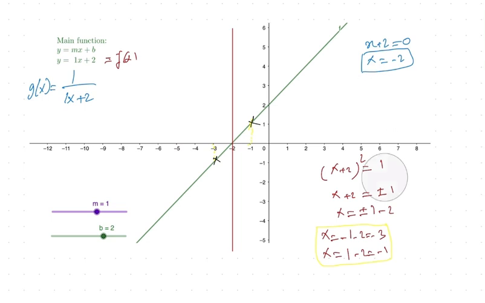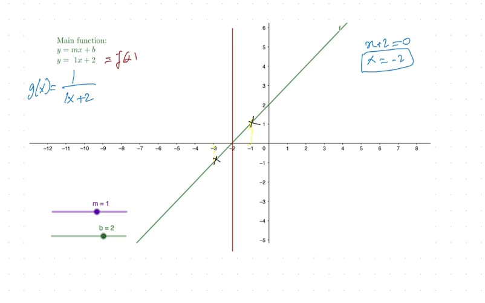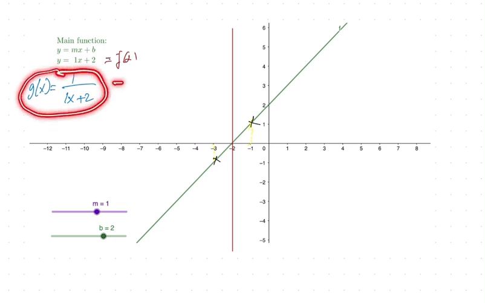So let's find another useful thing that will help us to go ahead and draw our function. This will be the horizontal asymptote of my function, which is when this function can be equal to 0. So the horizontal asymptote is when your function is equal to 0.